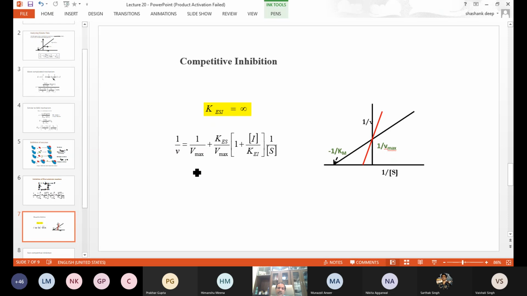If you remember this equation, in the absence of inhibitor it was 1 by Vmax plus Km, or KES, by Vmax times 1 by S. That was the equation in the absence of inhibitor.